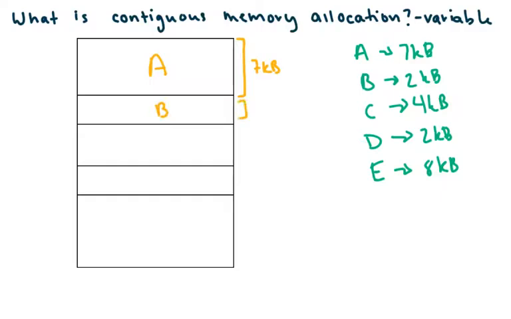B will be 2 kilobytes, C 4 kilobytes, D 2 kilobytes, and E 8 kilobytes. So with this variable partitioning, we get the advantage that we don't have any of that internal fragmentation. So that's good.